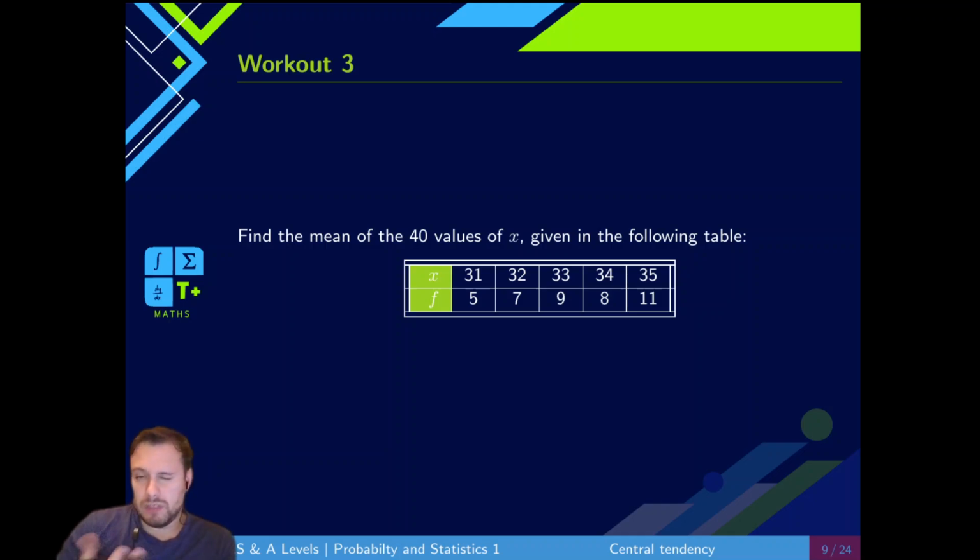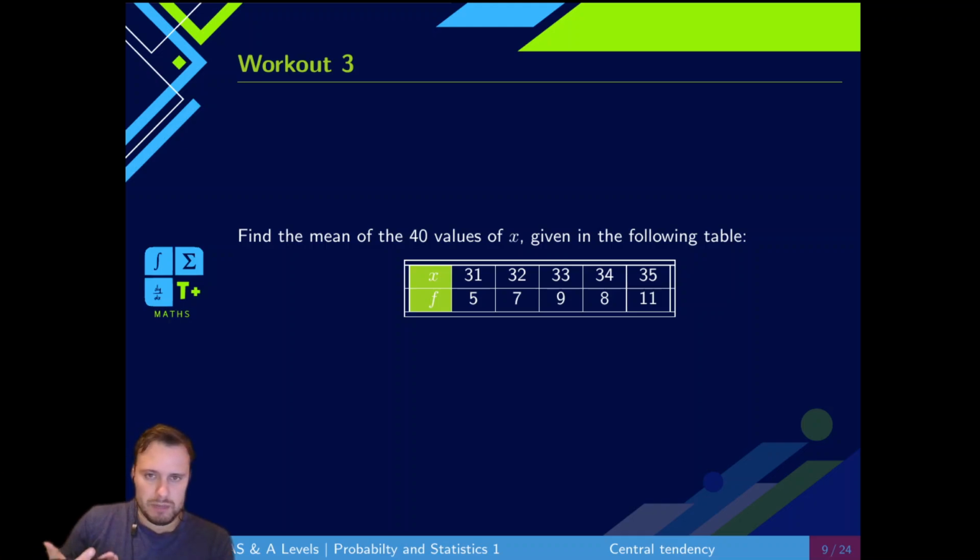If you think about it, this means that we have the value 31 repeated 5 times, then the value 32 repeated 7 times, the value 33 repeated 9 times, the value 34 repeated 8 times, and the value 35 repeated 11 times. So in a sense, you could do 35 plus 35 plus 35 plus 31, and so on, all the amount of times that the frequency gives you.